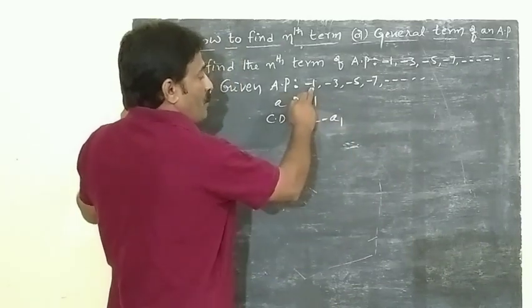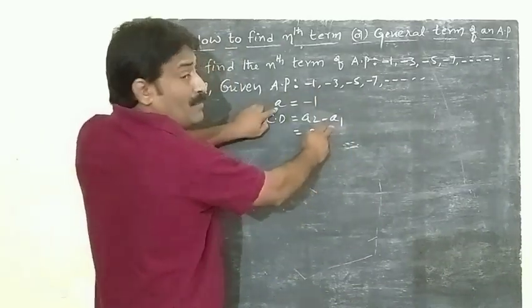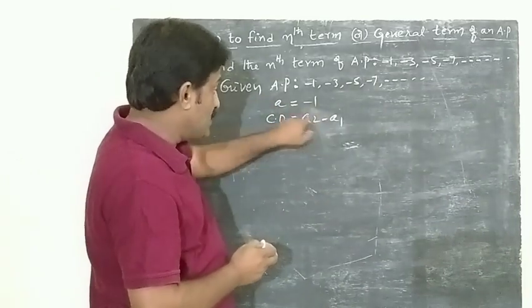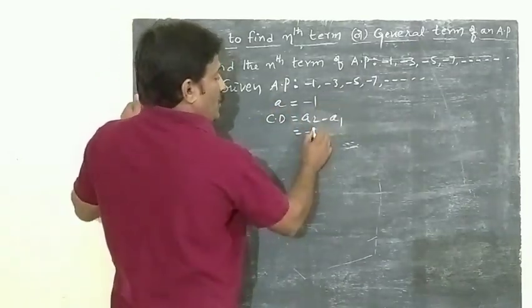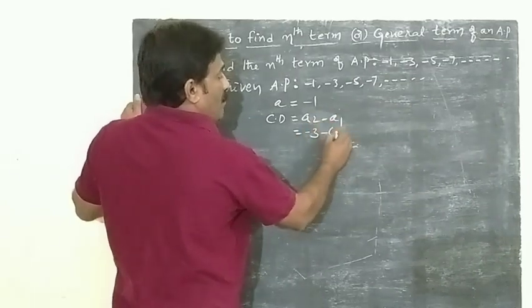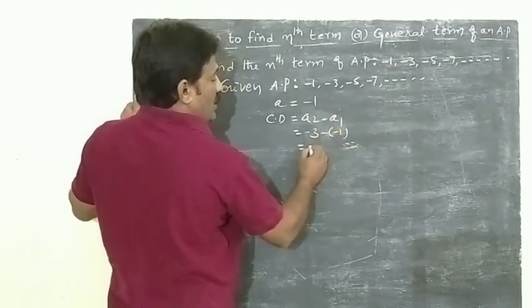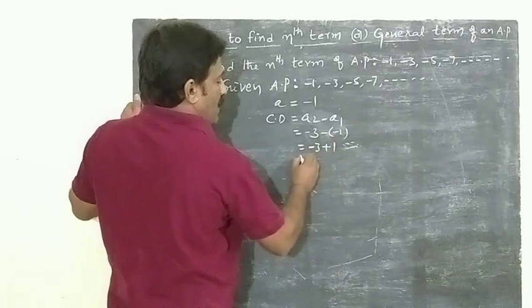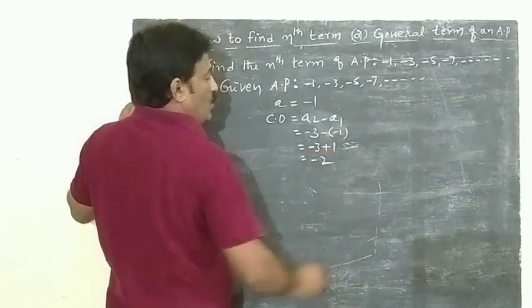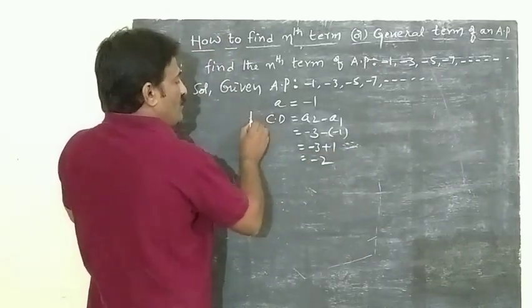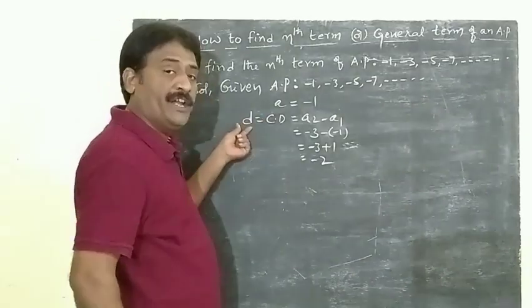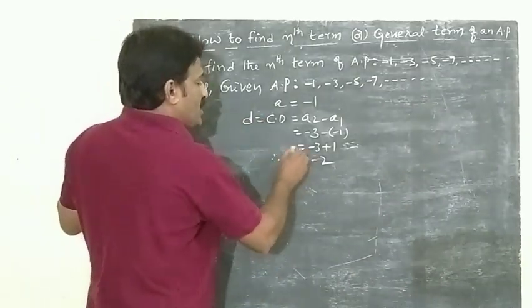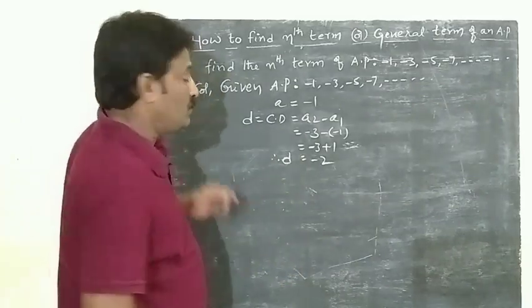A1 means the first term; A1 is nothing but a. Then A2 minus A1 is -3 minus (-1), which is -3 plus 1, equal to -2. So the common difference, denoted by CD or simply d, is -2.